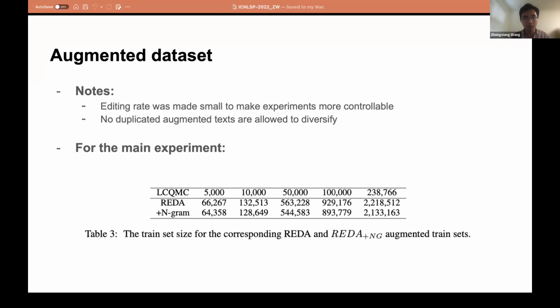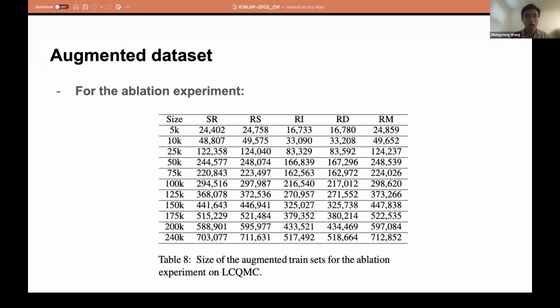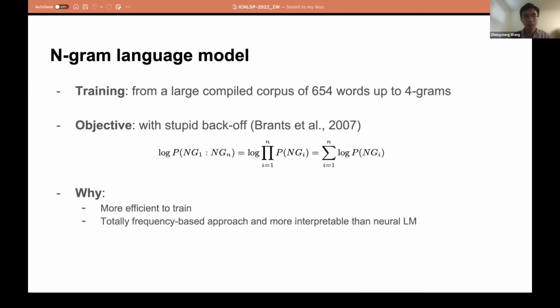For many experiments, this is the size of the augmented text, usually about 10 times more than the original examples provided to the program. And here are the statistics for the ablation study, which we'll cover later, where each text editing operation is applied to the train set of the large-scale Chinese question matching corpus.